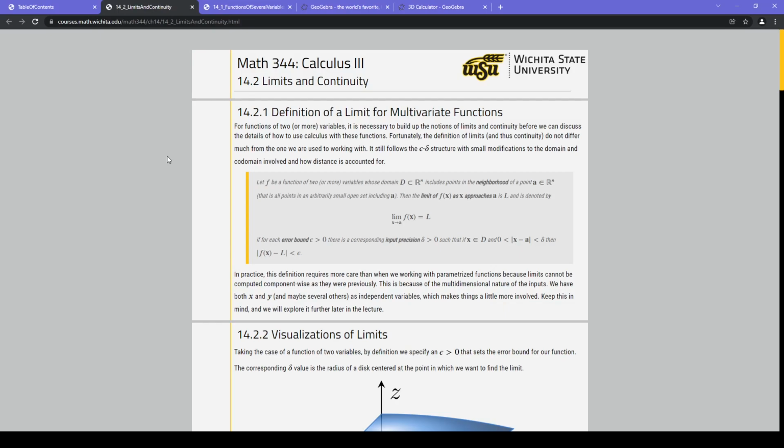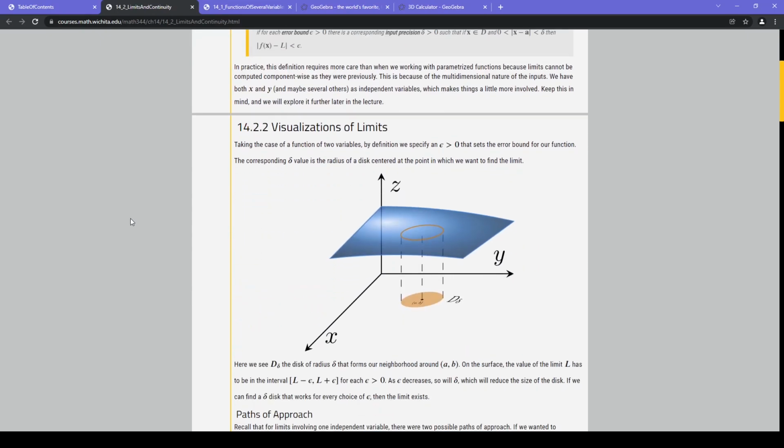Right? So visually, what that means is that we have some picture that looks like this.